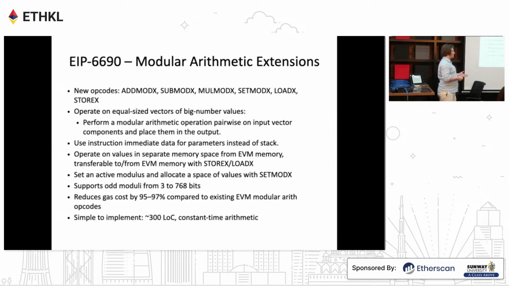And realistically, the modular arithmetic operations above 768 bits are like RSA, and nobody's doing that on mainnet. So the result is, with our gas model, depending on the opcode, it's 95 to 97% cheaper than the existing modular arithmetic opcodes.